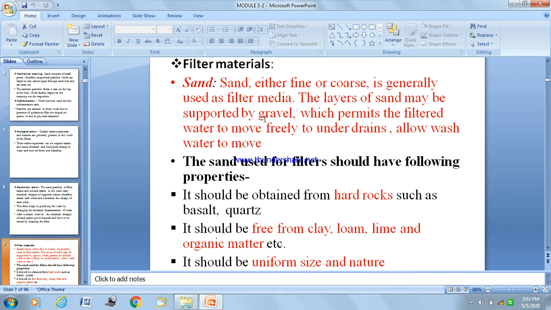Water is passed from the top to the bottom, so that all the particles are filtered there.